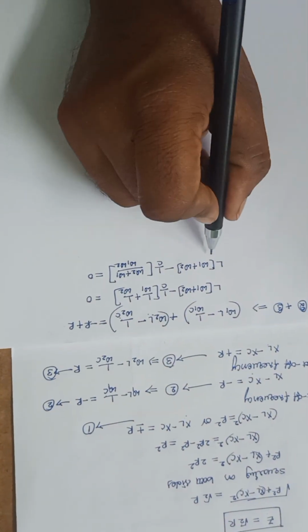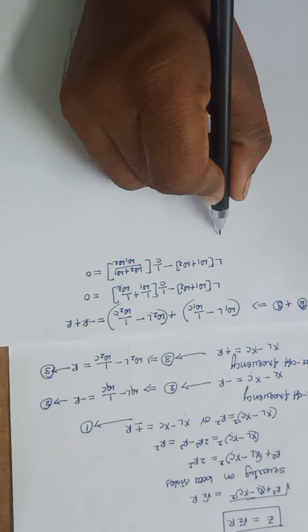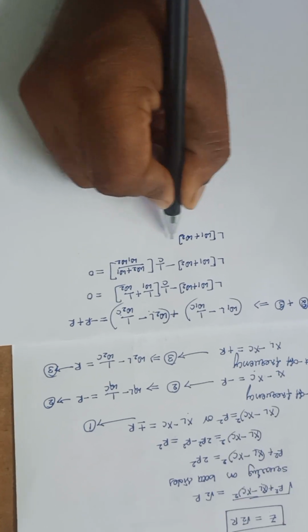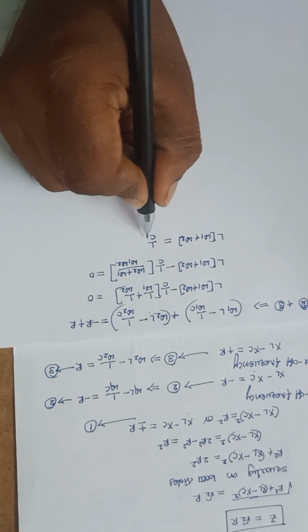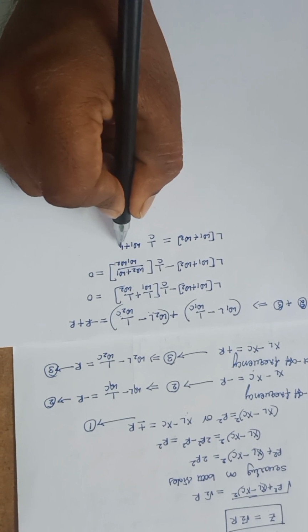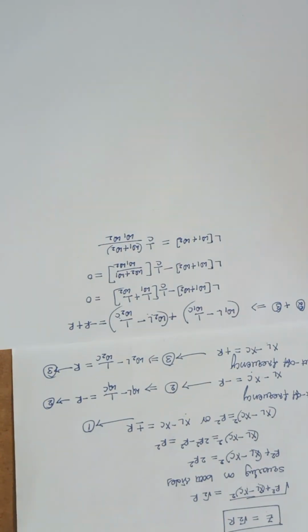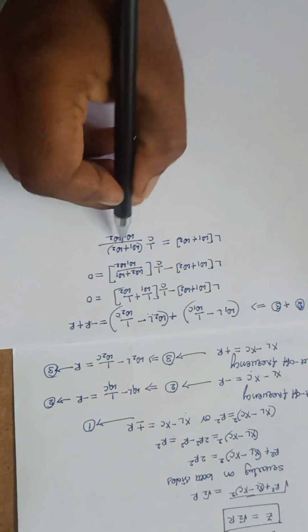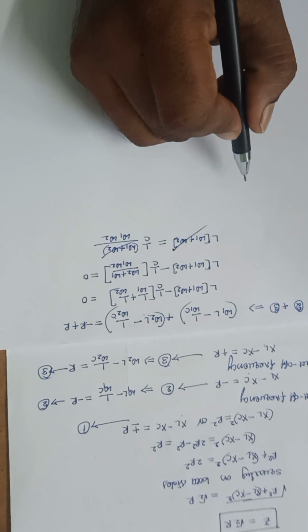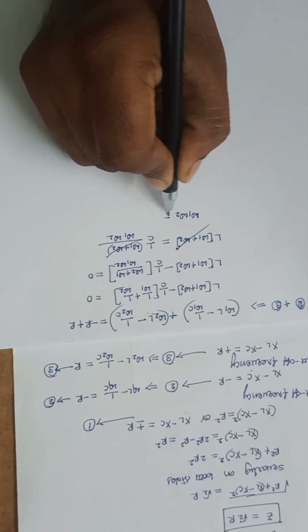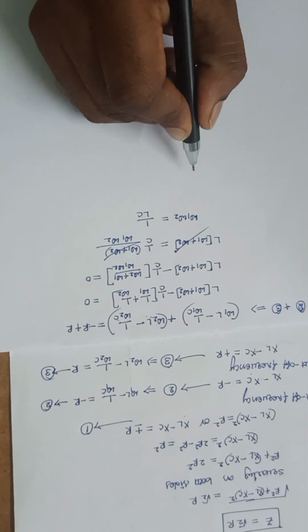Now if I bring this term to the right side, it is 1 by C into (omega 1 plus omega 2) divided by omega 1 into omega 2. Now this omega 1 plus omega 2 will get cancelled here. So finally omega 1 into omega 2 is equal to 1 by LC.